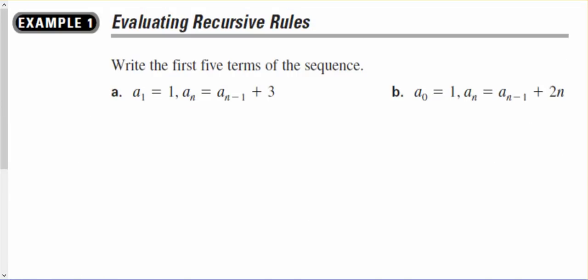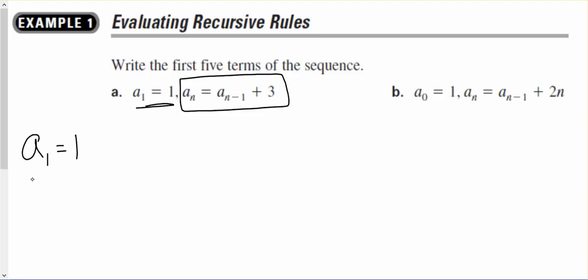So we can write the first terms of a sequence. We're given our first term, and then here's our recursive rule. So the first terms of my sequence: I've got term 1, which is 1.